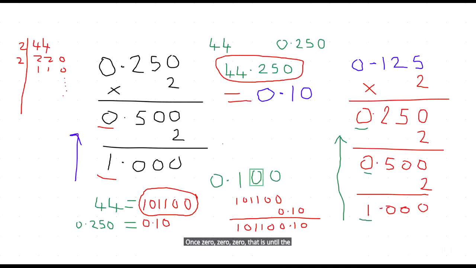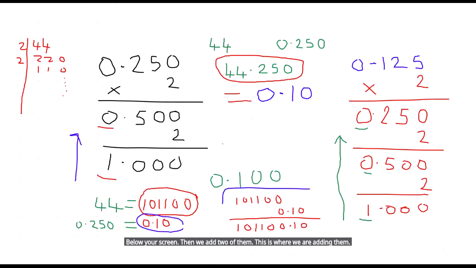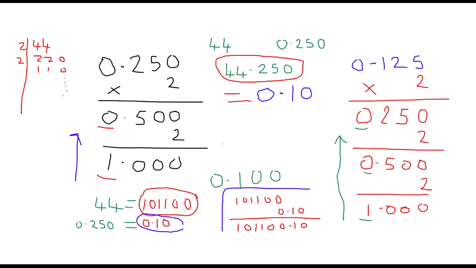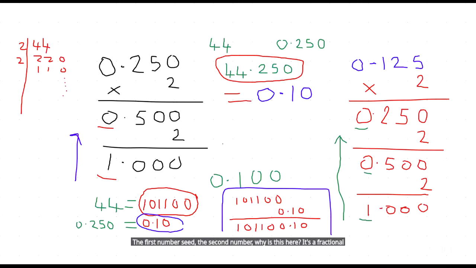Once it's 0, we take our answer 0.10, and that's how we got this second one below your screen. Then we add the 2 of them. The first number, the second number, which is a fraction now, 0.10. You add these 2, you will get this. Is it a little bit clearer?